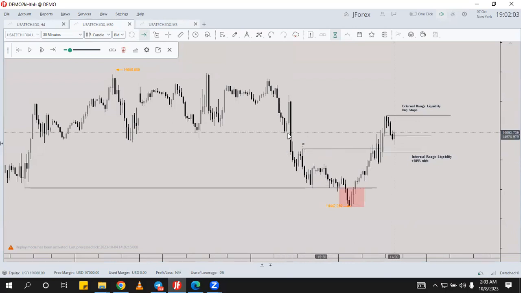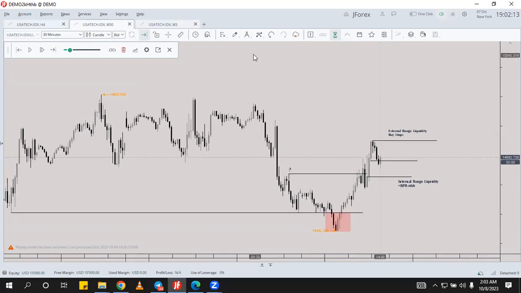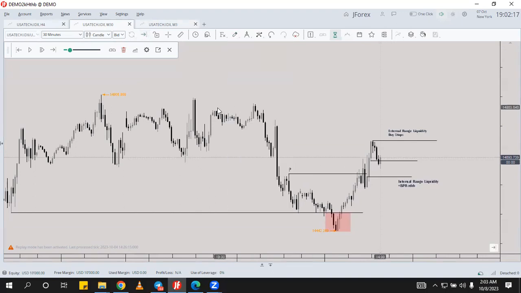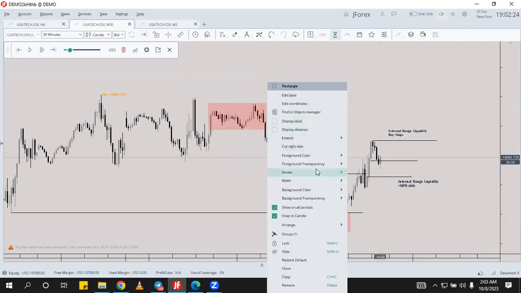Then something else we identified is what we call the market maker buy model, right? The market maker buy model. So I'm just going to illustrate it. So if you notice right here, we had an original consolidation. I think you can all see that.